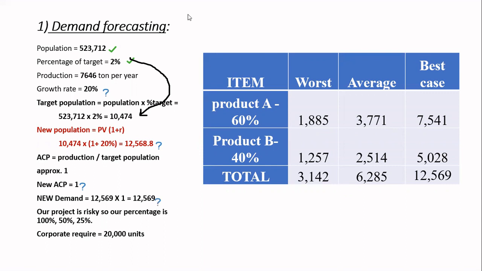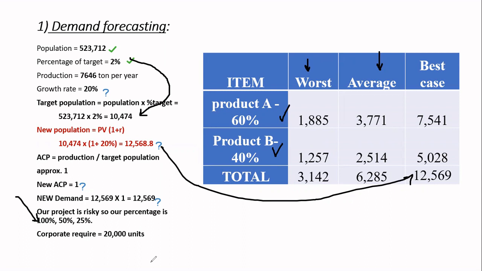Again, for the demand forecasting, we are going to use this number, this 12,000, and put it at the best case scenario. Then I'm going to start the production. I have a product A at 60% and product B at 40%. This product is risky, as it is given here, so it is 25% in the worst case scenario, 50% on the average, and then 100% in the best case scenario.